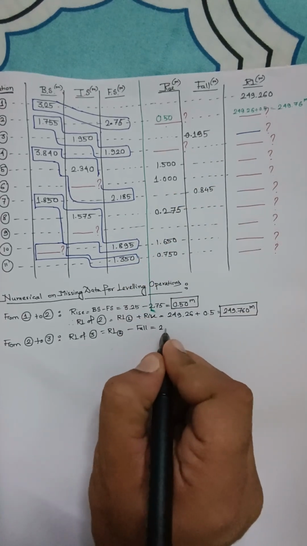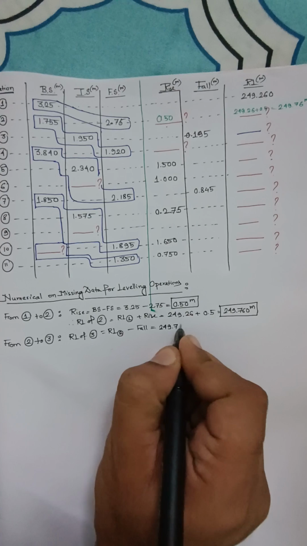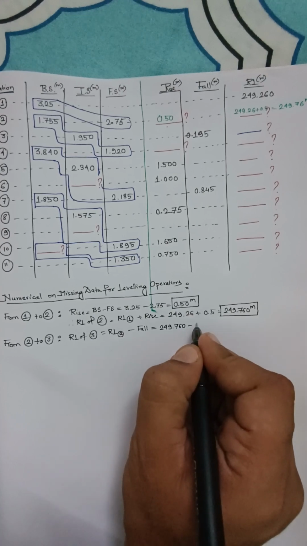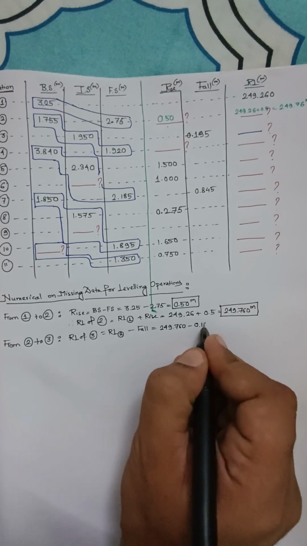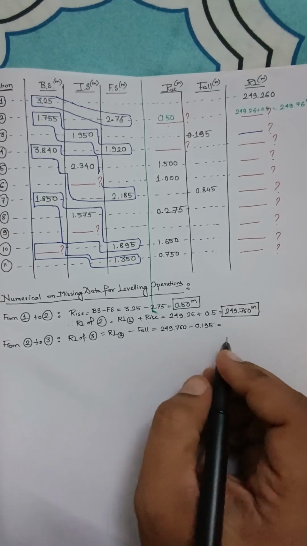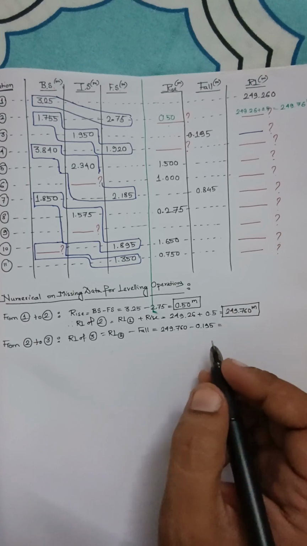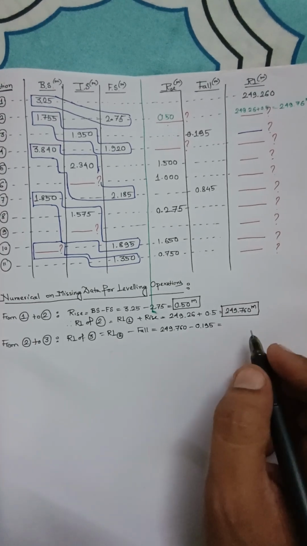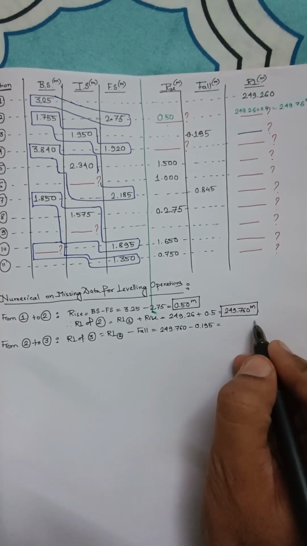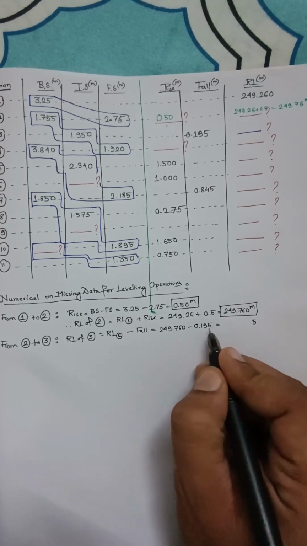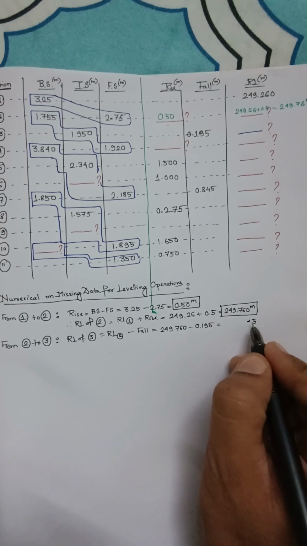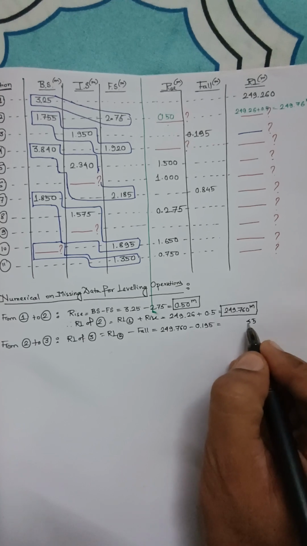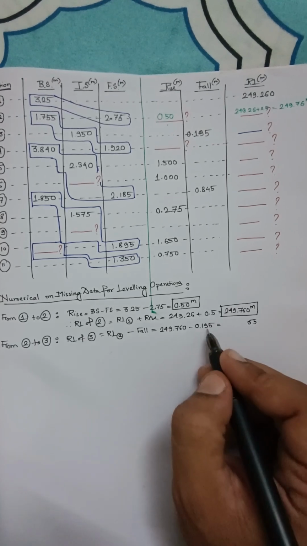So it is 249.760 minus how much is this? How much is the fall? 0.195. It's very difficult for me to instantaneously do the calculation for you since I do not have a calculator right now, but I'll solve it for you. So this becomes 5.